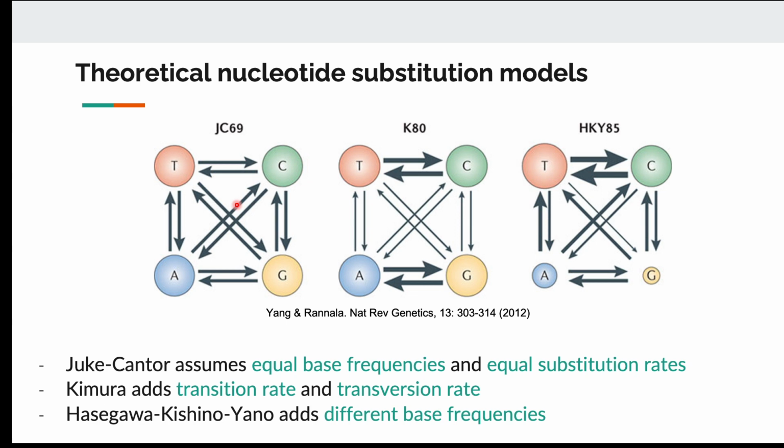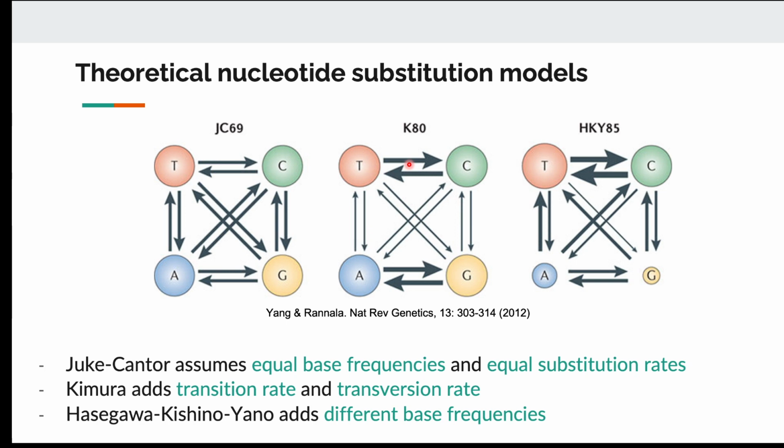And then people started to think, because if you recall back to your biochemistry class, the structure for the nucleotides can be separated into two groups, right? So people started to model that maybe A and G are more similar and more likely to mutate into each other, and C and T are similar and more likely to mutate into each other.